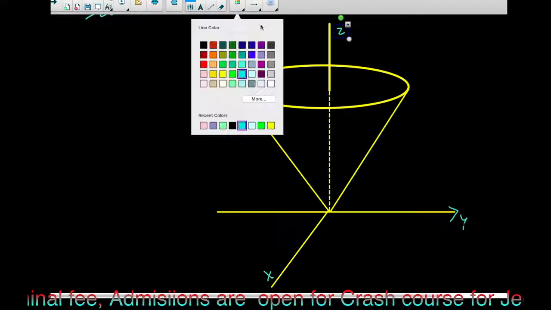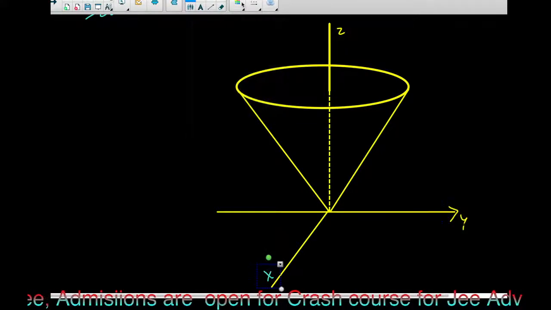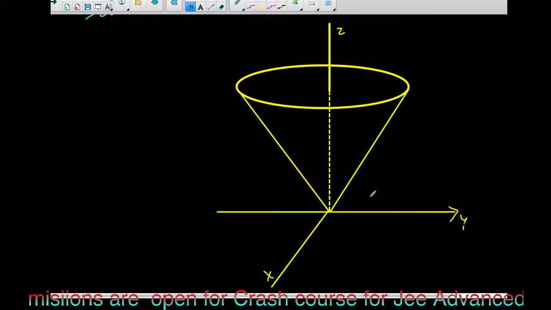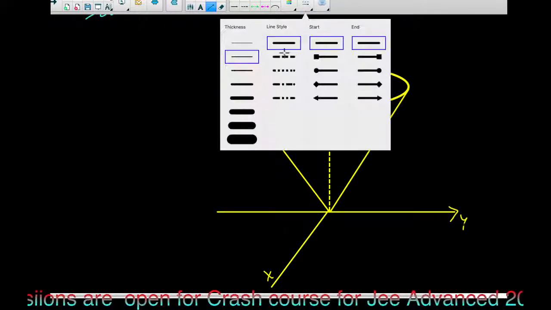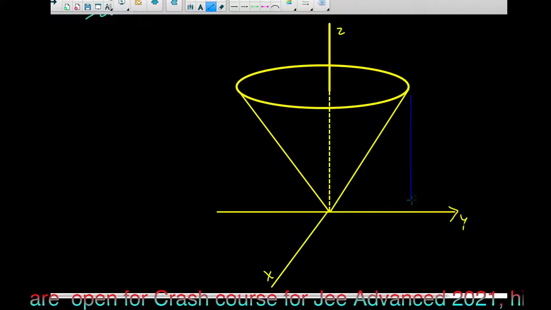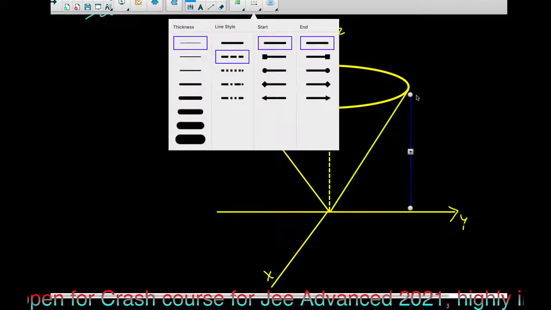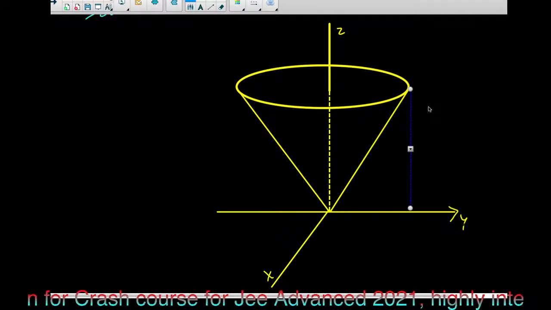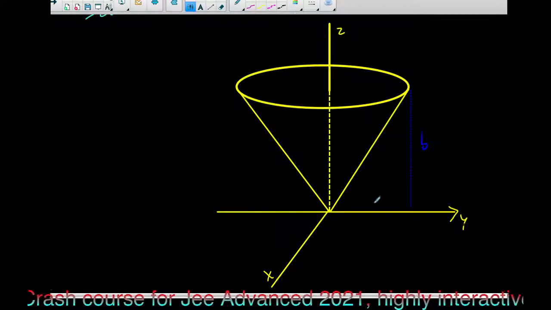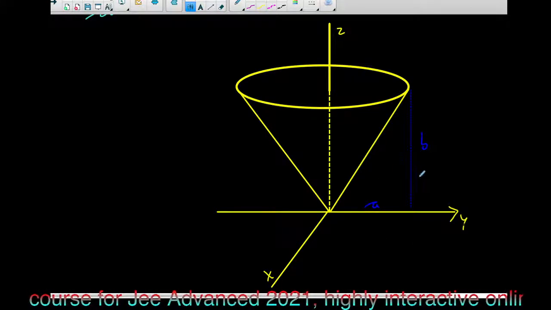Okay, so let's see over here. This length will be A, and this length will be B. So this is B, the height, and this is A, according to this.